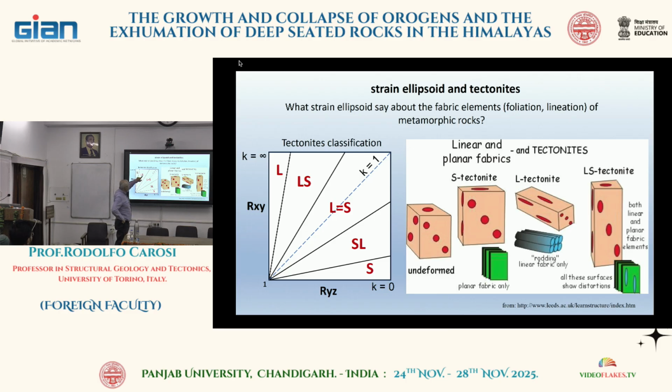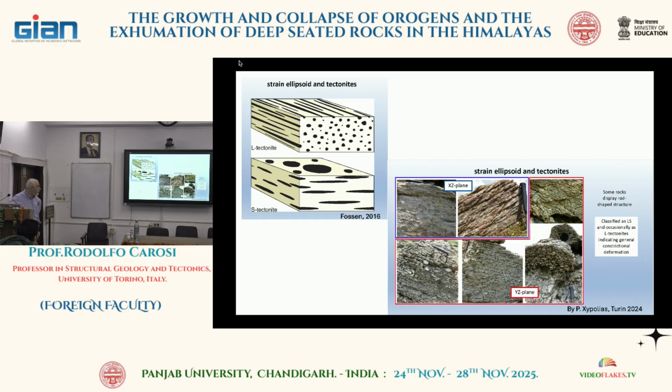Here you can have less foliation and a much more developed lineation, up to the cigar shape ellipsoid where you have only lineation and no foliation. So in the field it is sometimes difficult to find the foliation or the lineation, because you may be in this position or in this other condition. So it depends also on the kind of deformation.